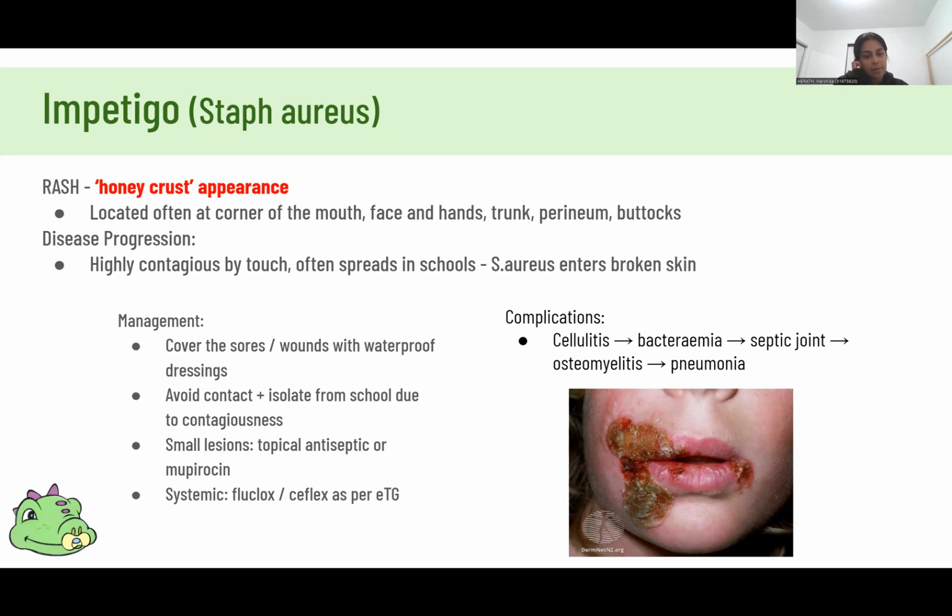There are topical antiseptics that we can use for the lesions themselves, and if we've got a more systemic infection, we can use something like flucloxacillin. The problem with impetigo is we want to keep an eye out for signs of things like bacteremia, because that can develop and it can become a systemic infection.